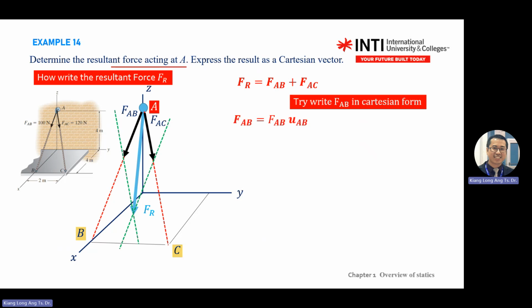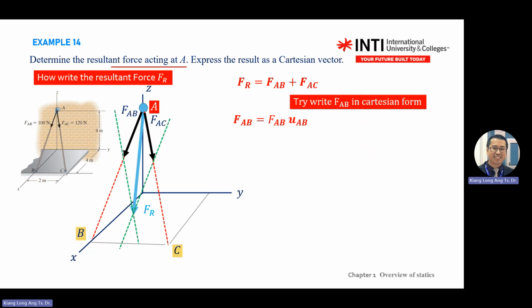Okay. So again, in IJK, since the beginning, you know F is a vector equal to magnitude and direction. Always remember, start from today. Force vector equal to magnitude plus direction. FAB without the capital, without the bold, is magnitude.